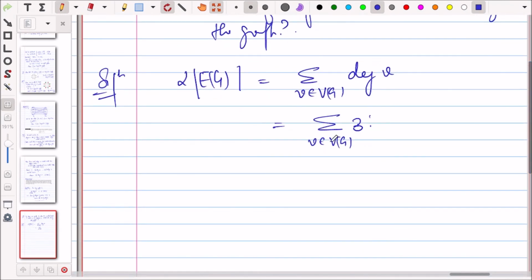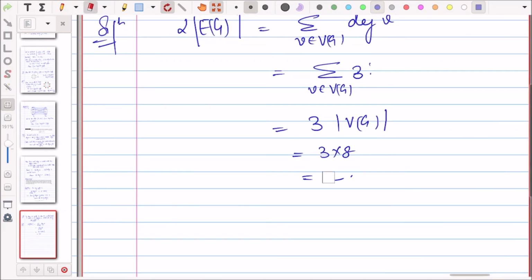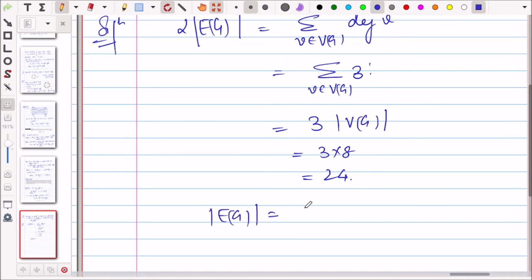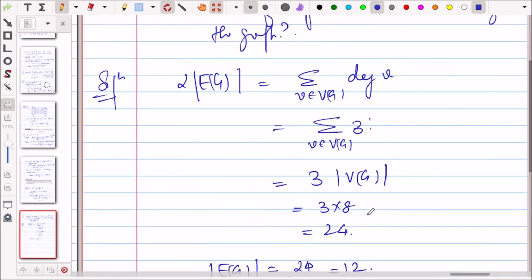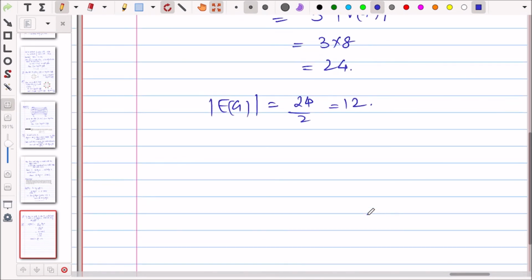So क्योंकि there are 8 vertices, so this is 3 into cardinality of VG, which is equal to 3 into 8, which is equal to 24. Right? So the number of edges is equal to 24 by 2, which is 12. ठीक है? Is it fine? Yes. So this is how you can apply this Euler's theorem.